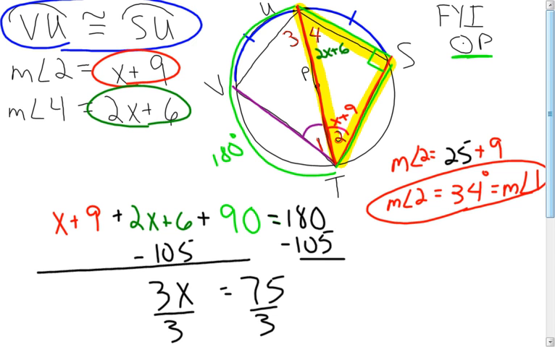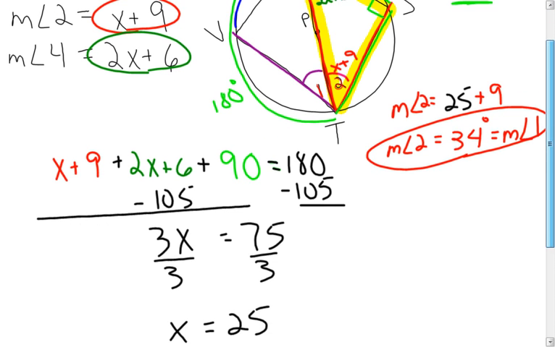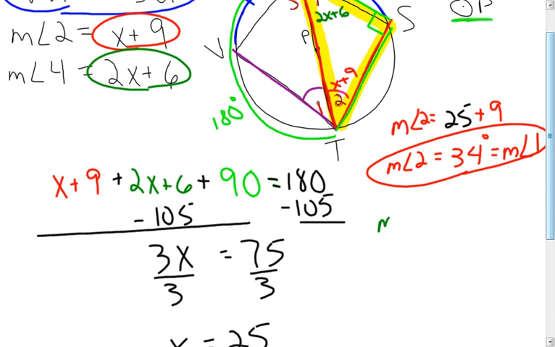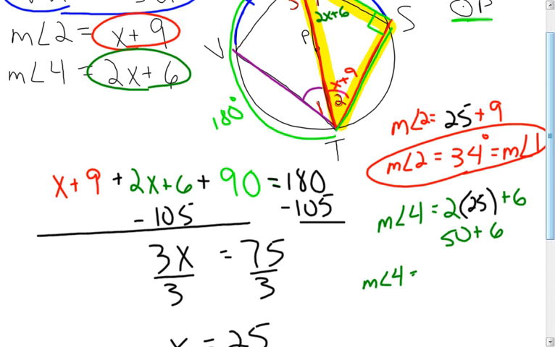Then I can work on the measure of angle 4, which is 2 times our x value of 25, and then we add on 6. That's 50 plus 6, so the measure of angle 4 is equal to 56 degrees. That should make sense because 34 plus 56 plus 90 puts you at 180 degrees.